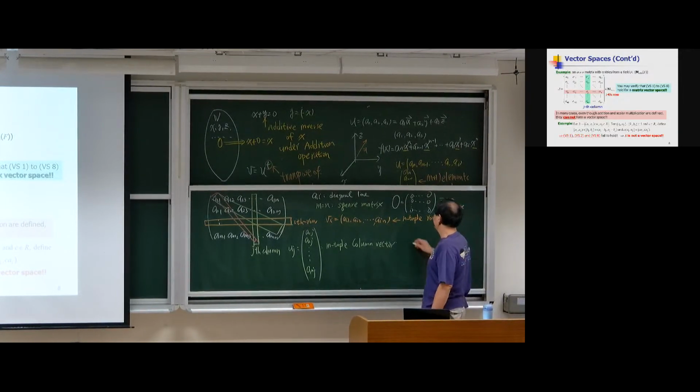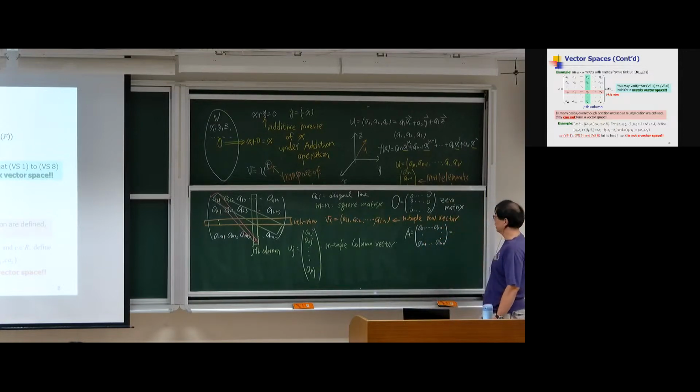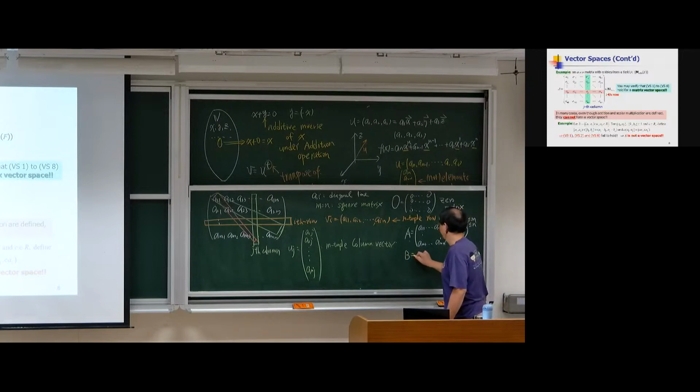Then, if we define A as A11 to A1n, Am1 to Amn, then typically, for simplicity, we will write it in this form, Aij, i is from 1 to m, and j is from 1 to n. And B equals B11 to Bm1, B1n to Bmn.